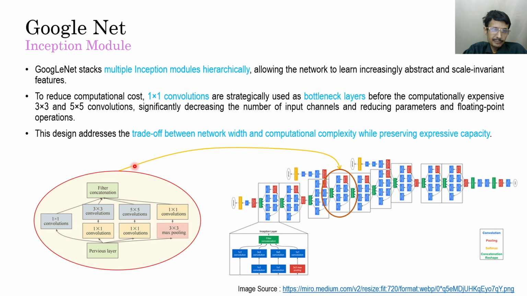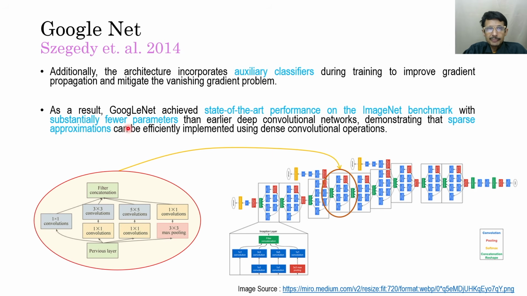And that is a very interesting and big innovation. Additionally, the architecture has auxiliary classifiers during training to improve gradient propagation and mitigate the vanishing gradient problem.